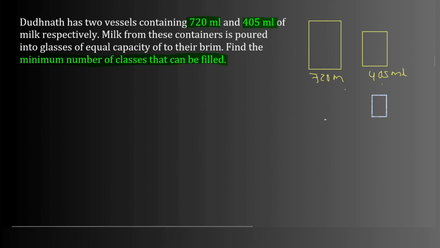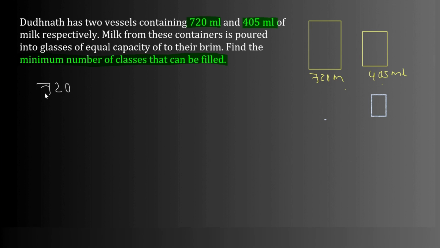So in order to minimize the number of glasses, we have to maximize the size of each glass. And in order to maximize this size, we are talking about the capacity, not the number. So the capacity of this small glass must be the exact divisor of this and this. And of highest capacity is what? The HCF. So we are going to find the HCF of these two numbers.